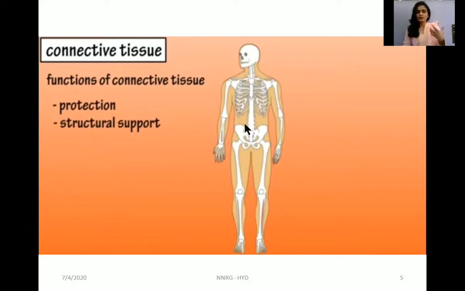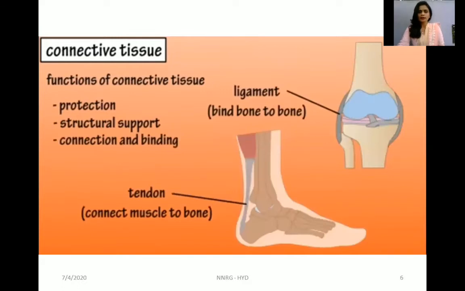It gives support to the body and makes a framework. It also gives connection and binding, because tendons connect muscle to bone, and ligaments connect bone to bone. These tendons and ligaments are connective tissues.